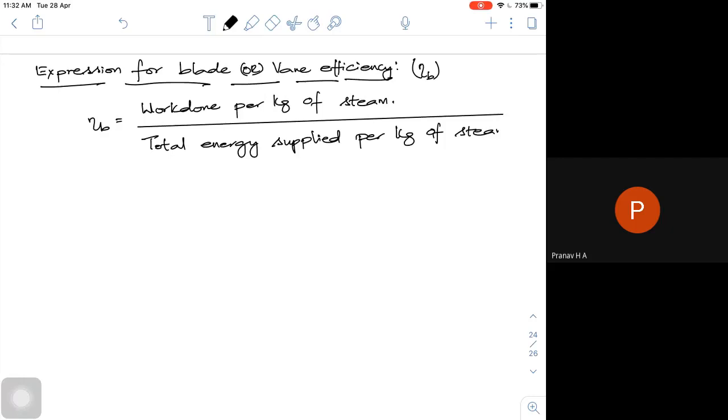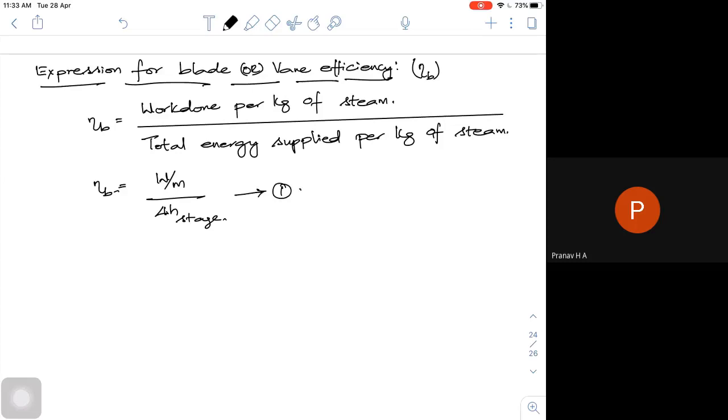What is it actually? This is your W by m, already we have defined, by delta H of the stage. This gives your blade efficiency. I call this expression 1.